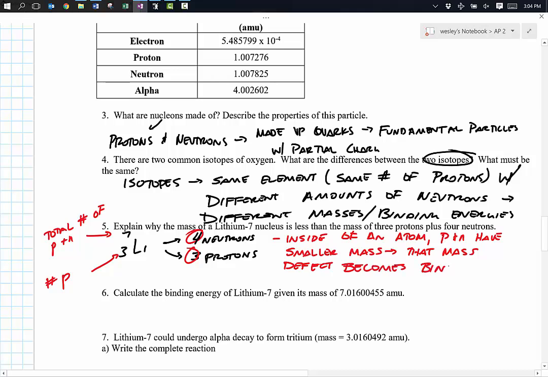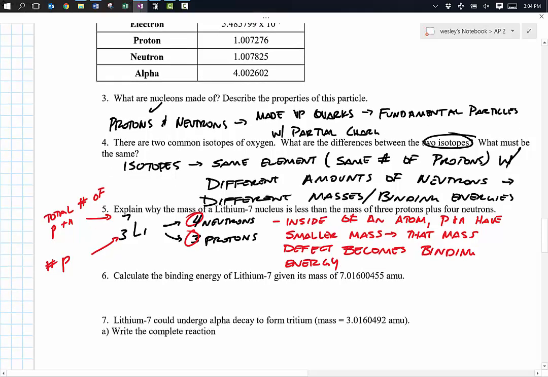It becomes binding energy. Now, we want the binding energy of lithium-7. So what we need for lithium-7 is the mass defect.